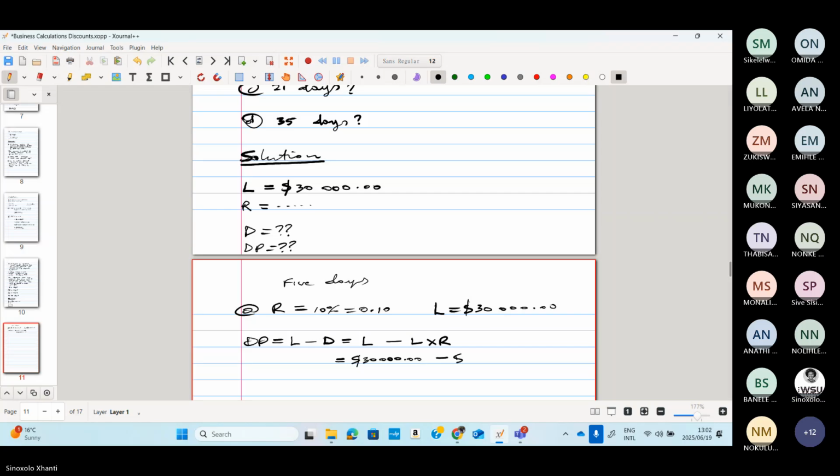So DP is $30,000 minus $30,000 multiplied by 10%, or 0.10. The final answer for A, on my calculator: 30,000 minus 30,000 times 0.10.